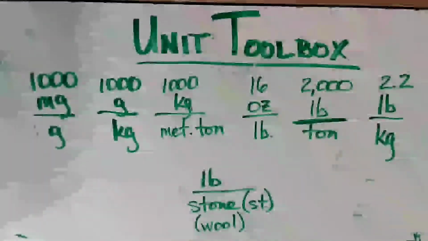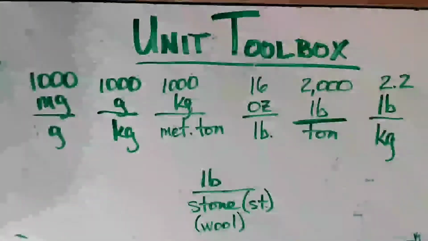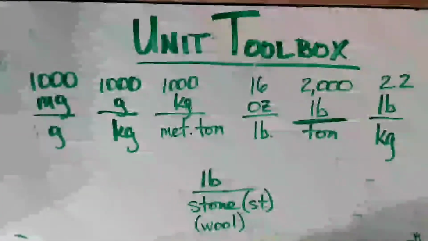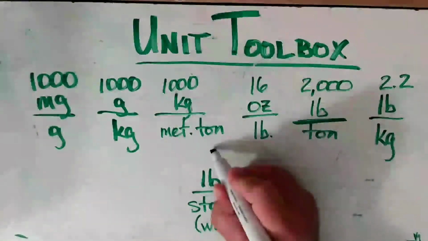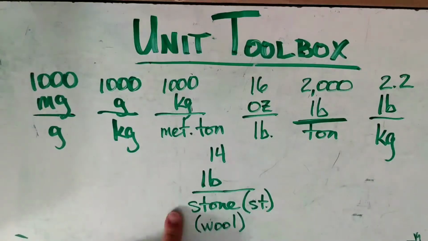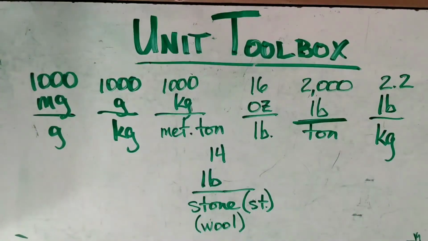And that stone, again, is sort of like the hands in measuring a horse. So the wool ends up coming from sheep. They use this to measure the wool from sheep, and it's 14 pounds equals 1 stone. So they now have stone rocks, if you would, that they use to figure out exactly how much wool they are getting.